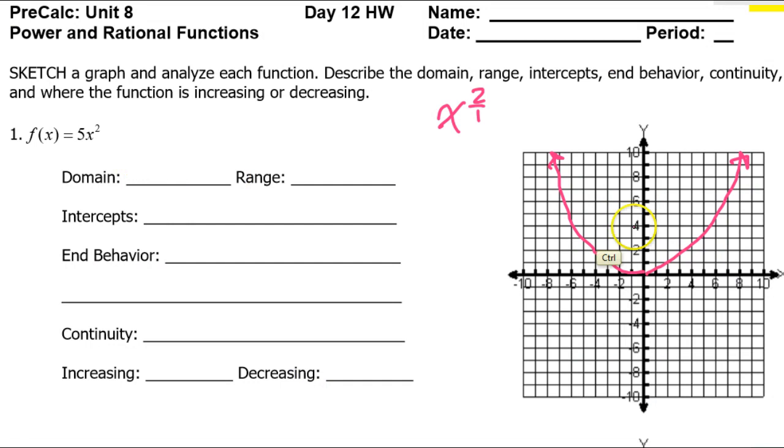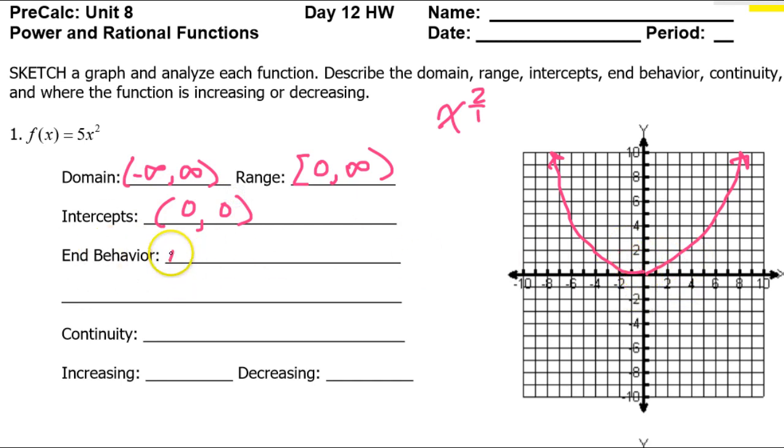Anyway, so we should be able to easily describe the domain. That's just going to be negative infinity to positive infinity. The range is from bottom to top, so that's going to be from 0 to positive infinity. Notice the square bracket, because it does touch 0, 0 is included. The intercepts, meaning the x-intercept or the y-intercept, both of those are right here at 0, 0.